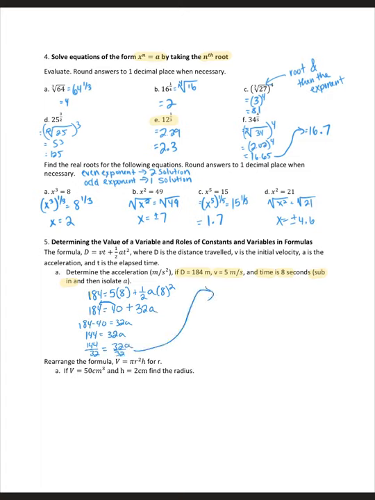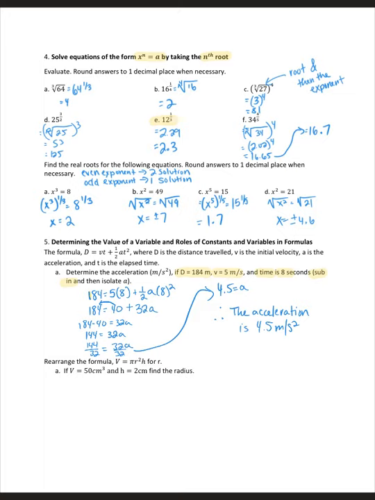I'll just finish this over here. So 144 divided by 32 is going to be 4.5 equals a. So therefore, the acceleration is 4.5 meters per second squared.